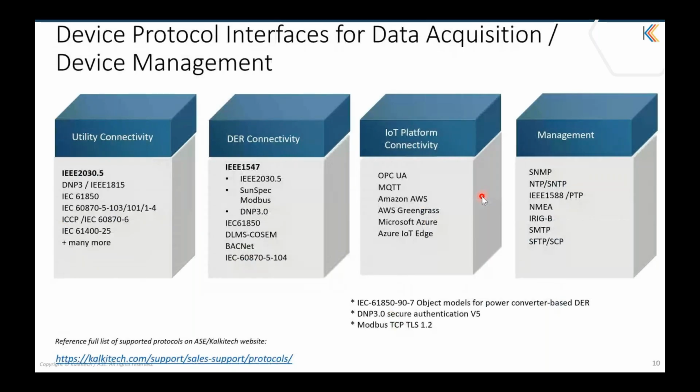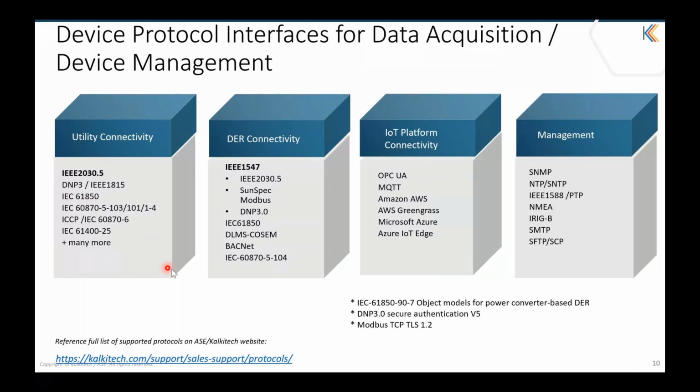So here is the list of protocols supported by the gateway as well as the DR data hub, the aggregator software which sits on the cloud. For the utility interconnection, it supports all the standard utility protocols like 2030.5, DNP3, SunSpec, IEC 60870 protocols like 101, 104, which are used for telemetry interconnections. Now, ICCP, the Inter-Control Center Protocol, is primarily used to exchange data with other SCADA systems, or IEC 61400-25, which is a spin-off of IEC 61850 for wind farm applications.